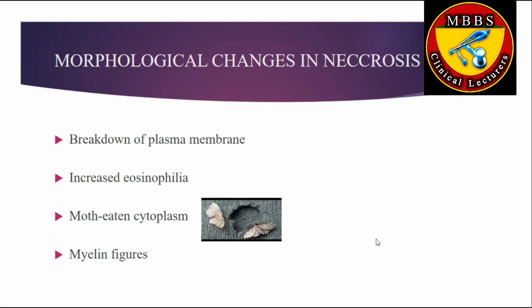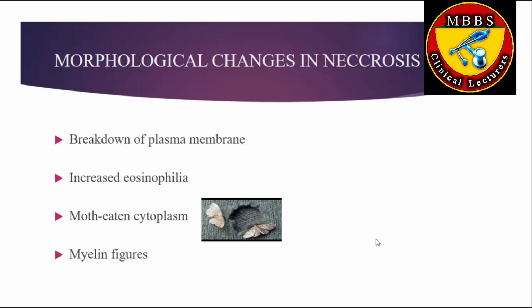So the necrotic cells show increased eosinophilia. The second point of the morphological changes in necrosis, after the breakdown of the plasma membrane, is increased eosinophilia on hematoxylin and eosin stain.